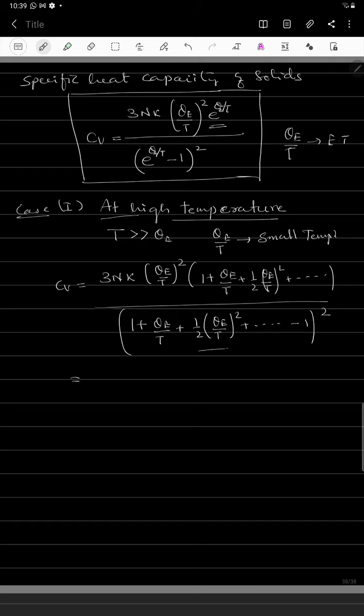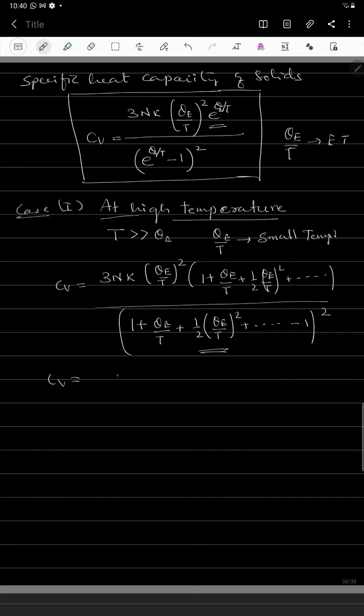Here the square terms we will neglect. Why? Because θE/T is very small, it may be 0.2, 0.3, 0.4, likewise. So if you square these terms, you will get a still smaller value. That's why the square terms are neglected in the expression.